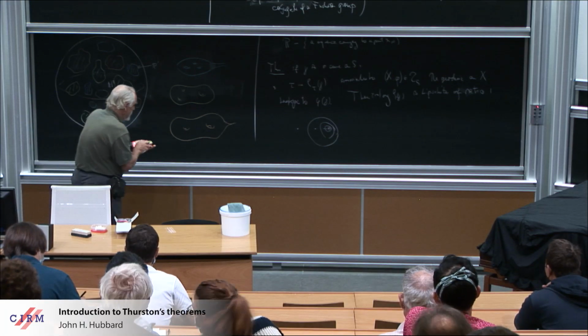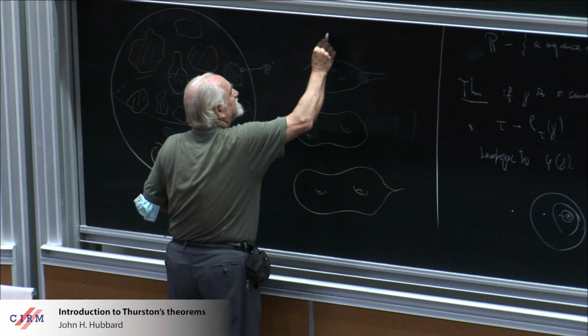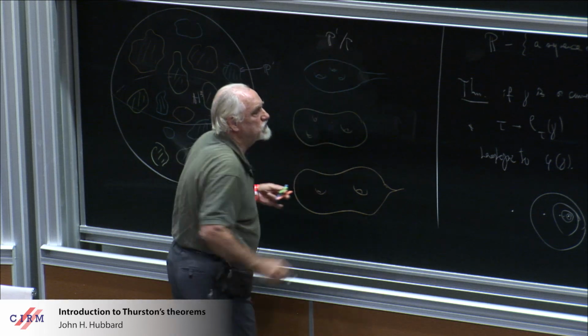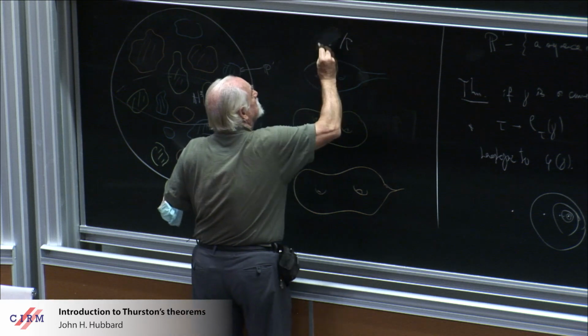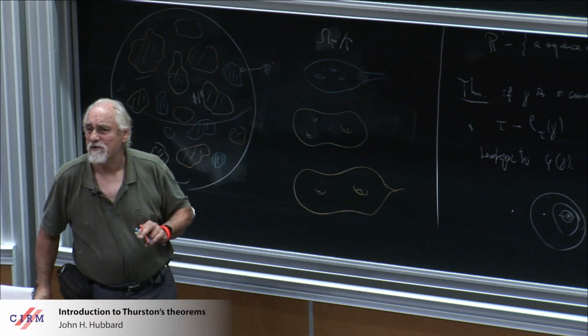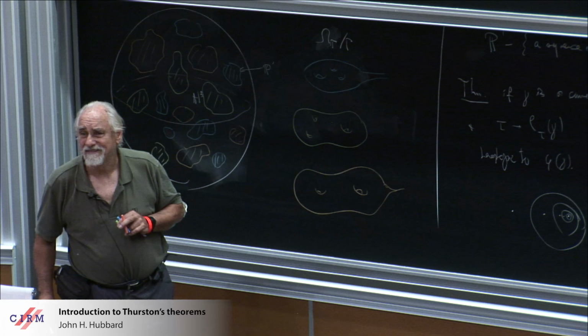This is omega gamma over gamma, a finite union of Riemann surfaces of finite type.